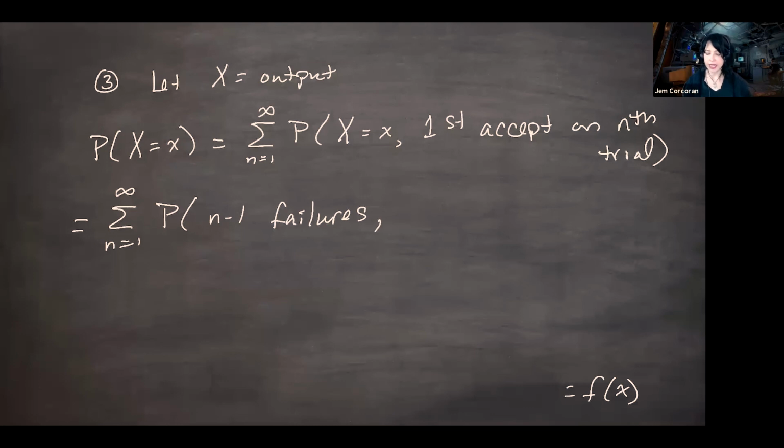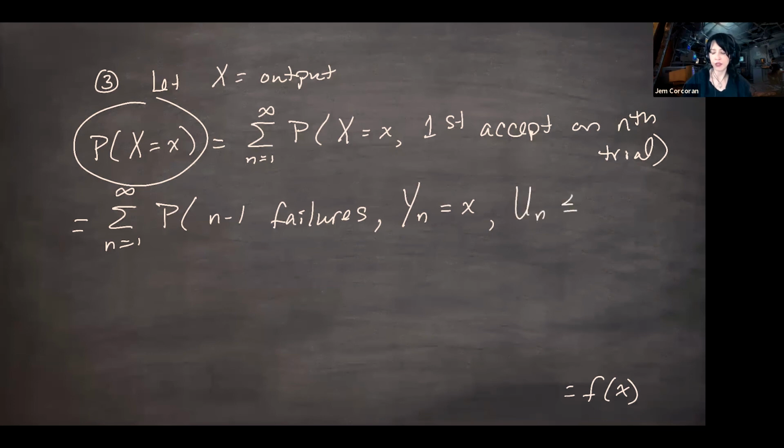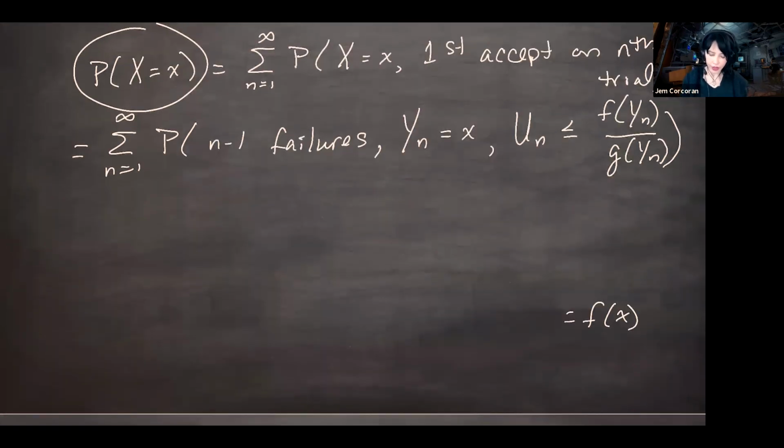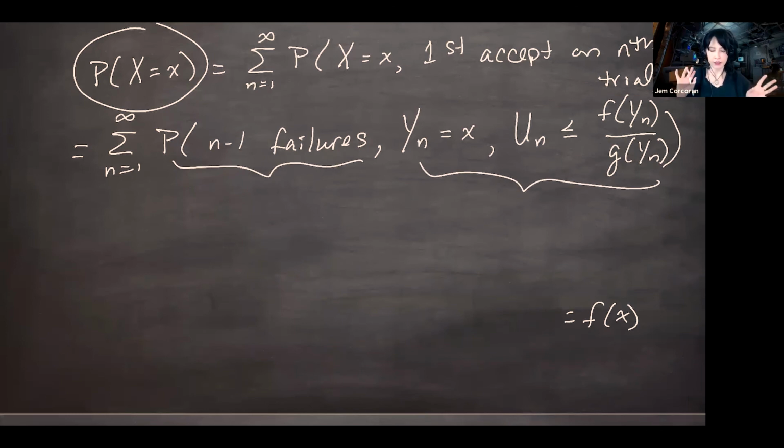And then the success on the nth trial means the nth y you draw is x, and the nth uniform is less than or equal to f of yn over g of yn. And this is independent of that because all of our y's and u's are independent of each other. So you do get to factor.